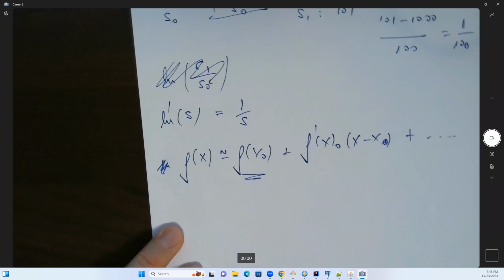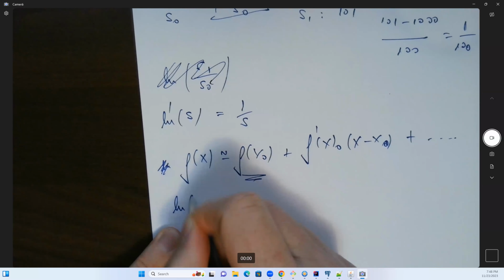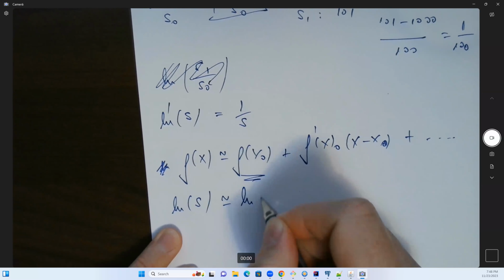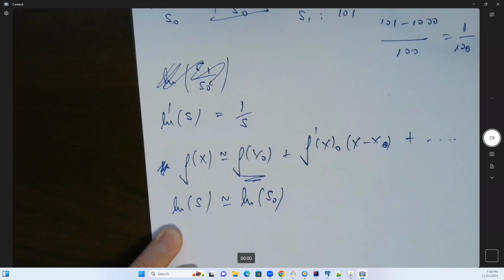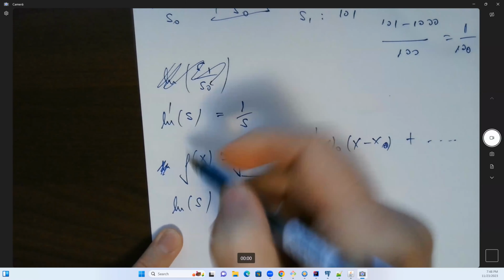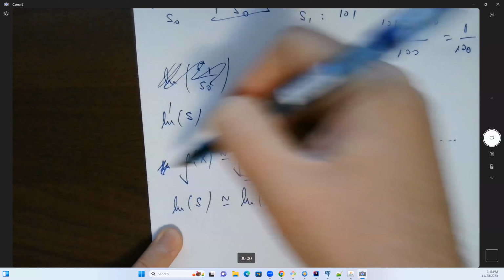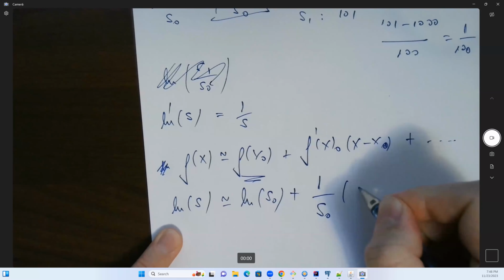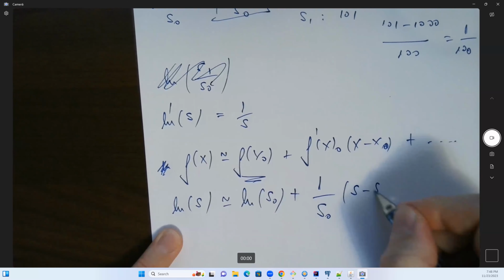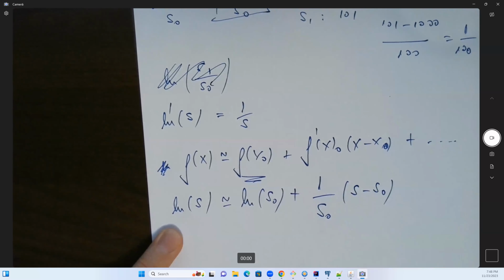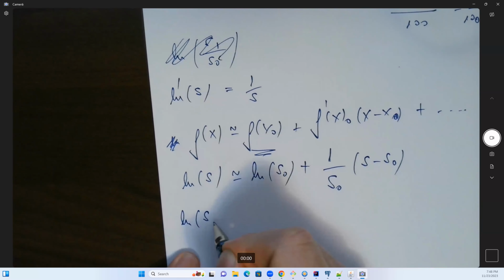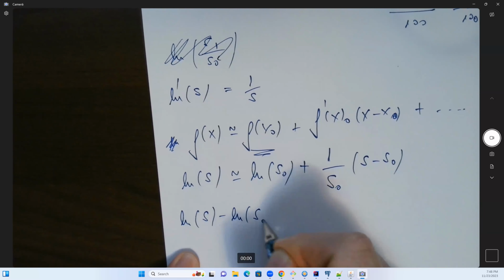So applied for logarithm, we have logarithm of stock price at some point. It's approximately logarithm of today's price plus, what's the derivative of logarithm of S? It's 1 over S. So it's 1 over S0 times S minus S0, right? So this is the formula. So we have logarithm of S minus logarithm of S0.